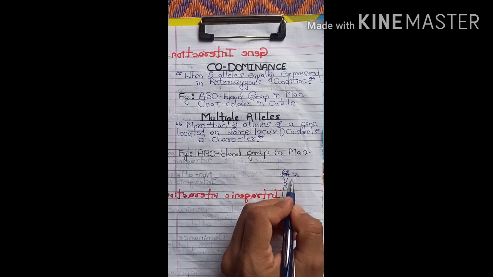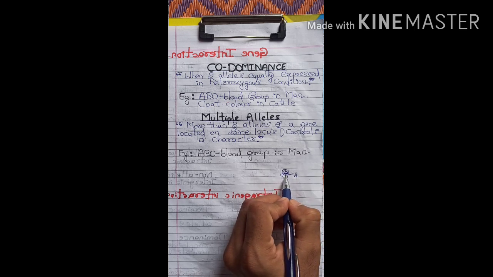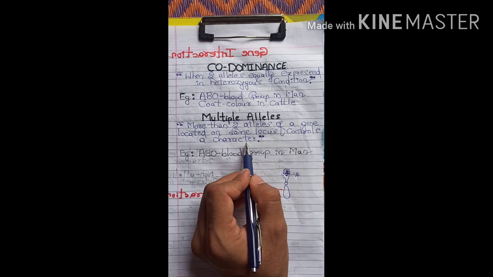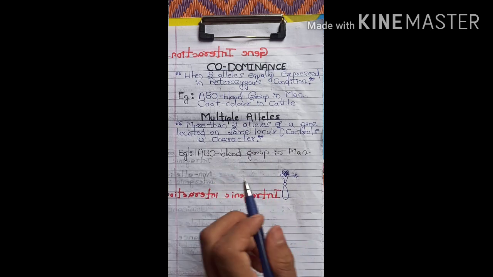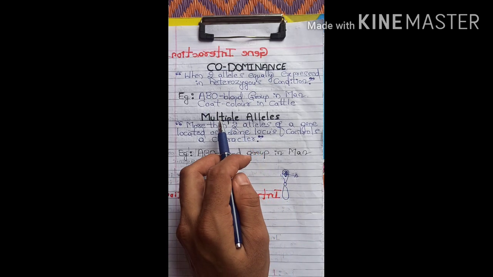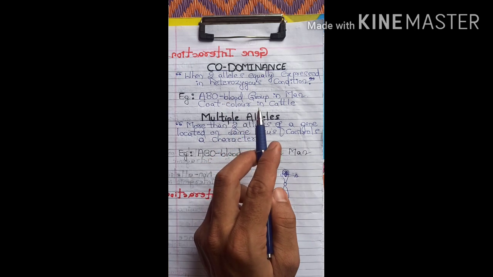These alleles are located at the same locus. Usually in multiple alleles, many alleles, generally more than two, are present at the same locus, and all these alleles control the same character. So this phenomenon is called multiple allelism, and these alleles are called multiple alleles.